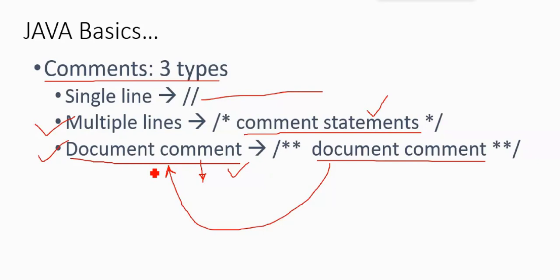Then it will process that Java source program, extract your document comments from it, and create one more document. But the document does not contain your full code. It will not contain the full code, only the comment line information it takes, and based on that, it will construct the documentation.